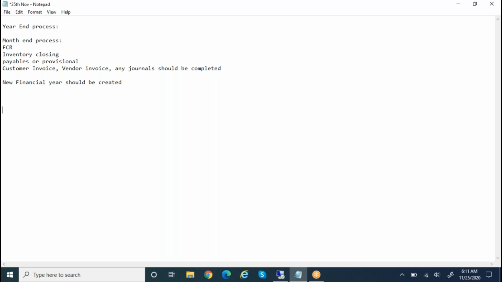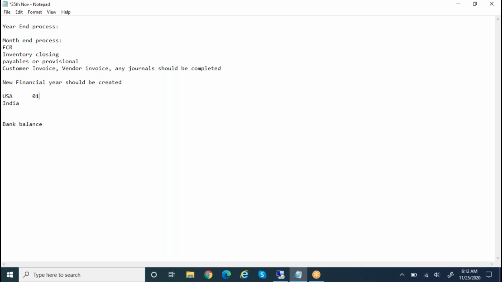Suppose bank balance. There are two examples I will take. One is the USA, another one is India. Both are the same, just for better understanding.